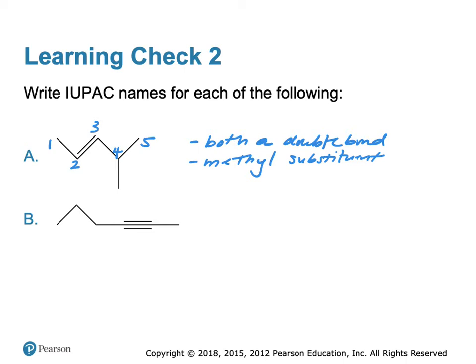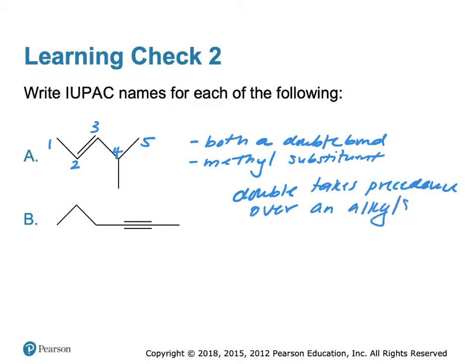In the alkane video, I alluded to a concept known as priority in nomenclature. So, from a priority perspective, a double bond takes precedence over an alkyl substituent. What this means is that it is higher priority.